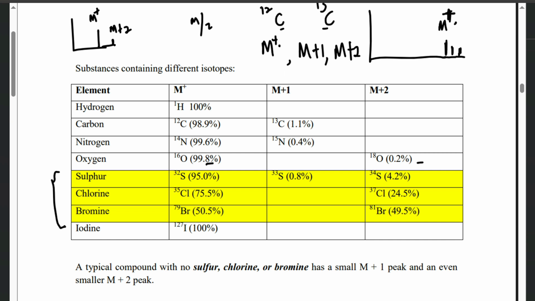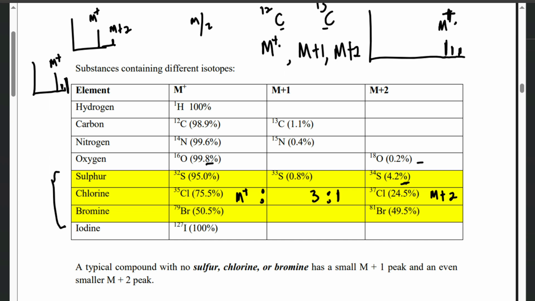So also looking at sulfur, let's say this is the spectrum for sulfur, and this is the M plus, right? There's also another peak here, so we're going to detect that also, and there's also another peak here, so we're also going to detect that one, right? So they have different abundances. If you look at chlorine, the ratio of M plus to M plus 2 is like 3:1.